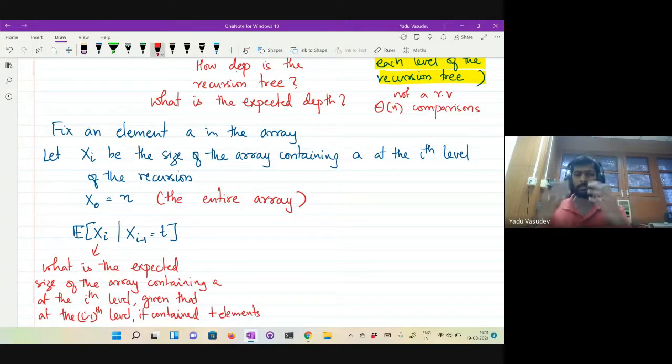Suppose I tell you that at the i minus 1th level of recursion, the array containing A had t elements. What is the expected size of the array when you go to the next level of the recursion?